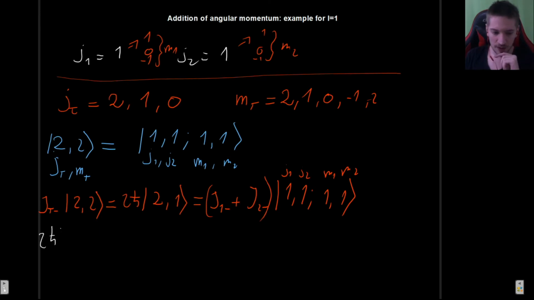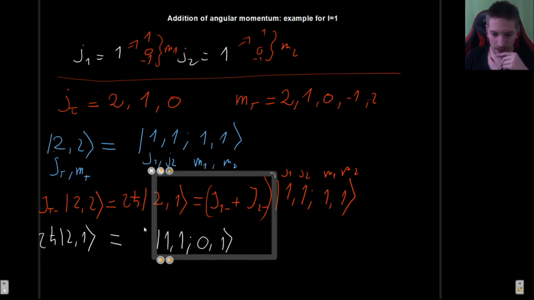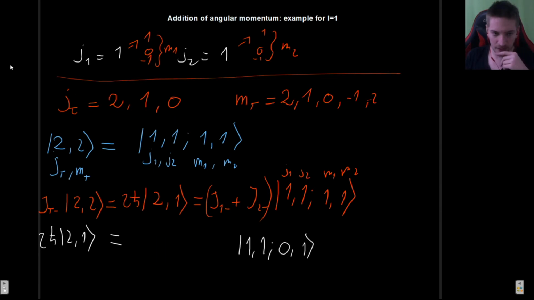So here we have 2 H bar, ket 2, 1. And now, when J1 acts on this system, we get 1, 1. This is unchanged. This doesn't change in this problem, so leave this 1, 1 be. Colon, and now this value will go to 0, 1. And we still have to include, of course, the coefficient that goes in front, which is H bar square root of, well, actually, maybe I will show it explicitly just to make sure.